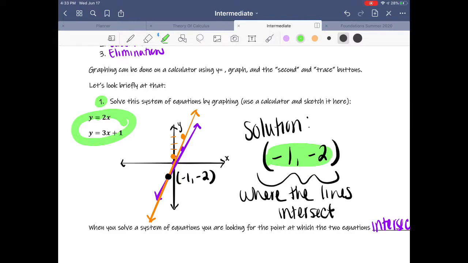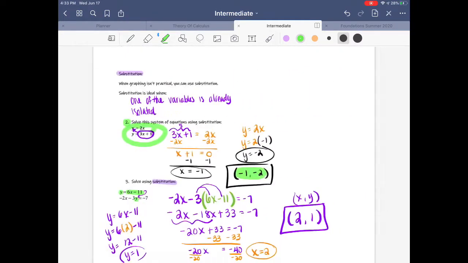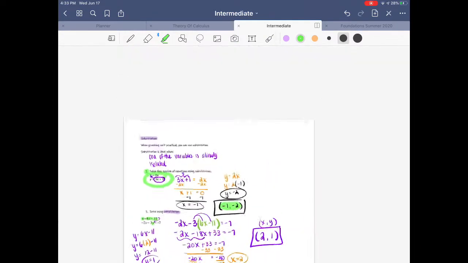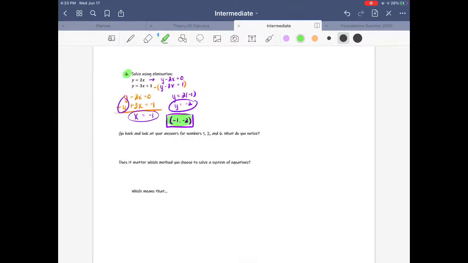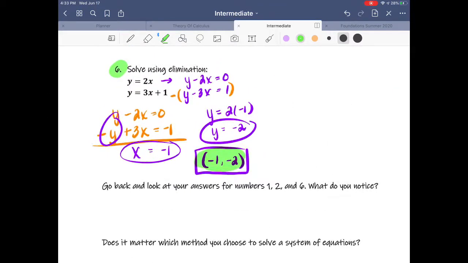So we solved this system by graphing, substitution, and elimination, and we got the same solution. So think about that for a second. Why does that make sense?